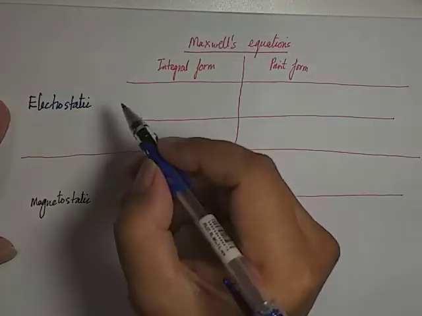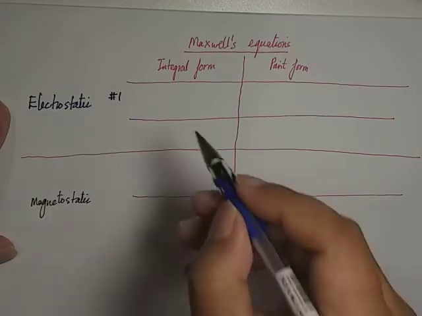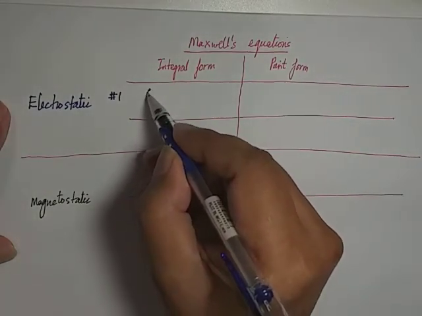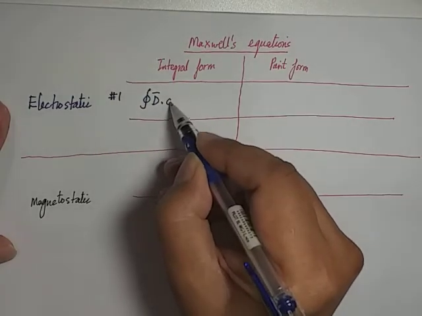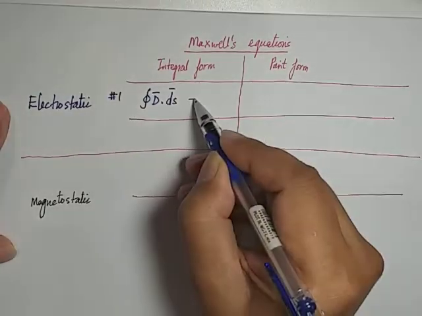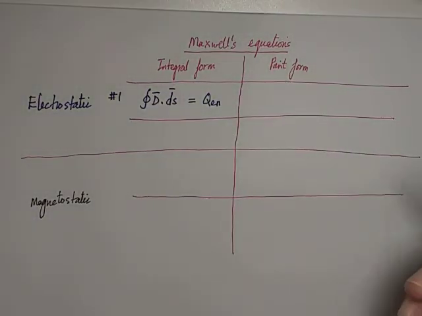Okay, so let's recall the first Maxwell equation. We call it Maxwell equation number 1: D dot dS is equal to Q enclosed. In other words, we also know that as Gauss law.